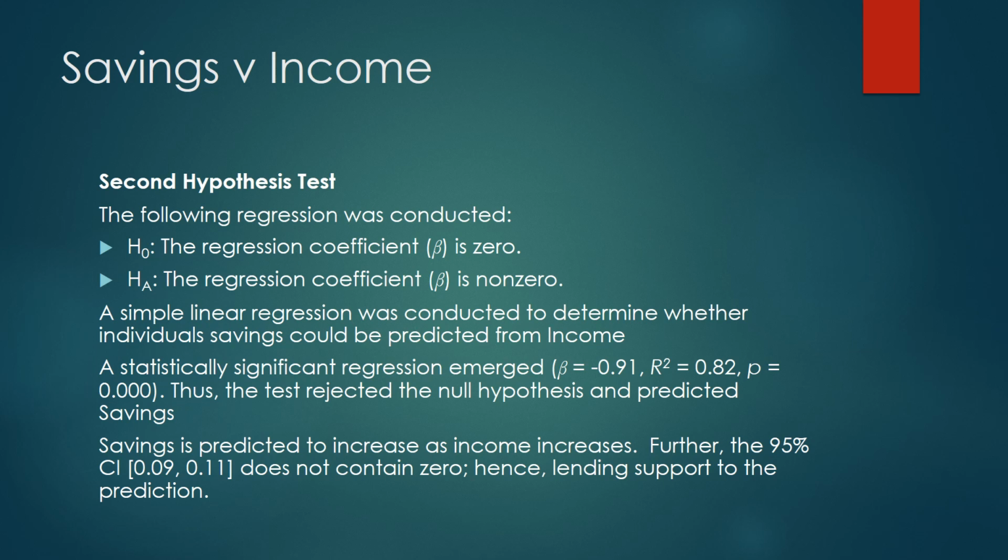Thus, the test rejected the null hypothesis and predicted savings. Savings is predicted to increase as income increases. Further, the 95% confidence interval of 0.09 to 0.11 does not contain 0, hence lending support to the prediction.